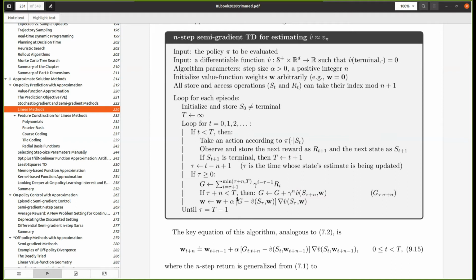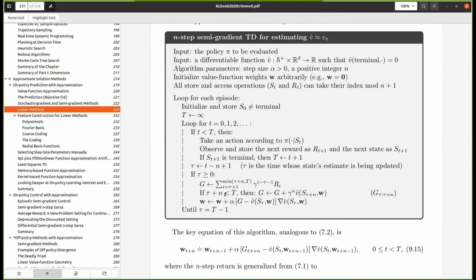When we were taking the gradient of the square of a function, we were assuming that this component was independent of w, and that is not true for any methods that do bootstrapping, because the value of G depends on w. That is why we have to use a semi-gradient method instead of a true gradient method.